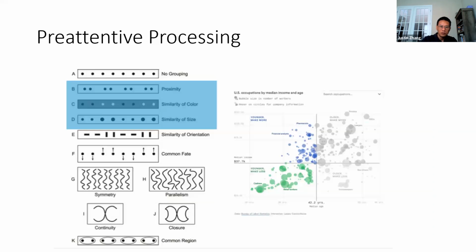You can see some of these Gestalt principles at play here. Proximity and similarity in color and size help us understand and organize the circles in this bubble chart.